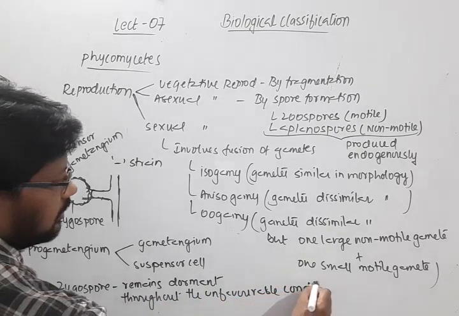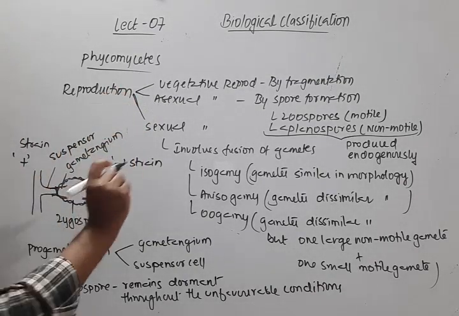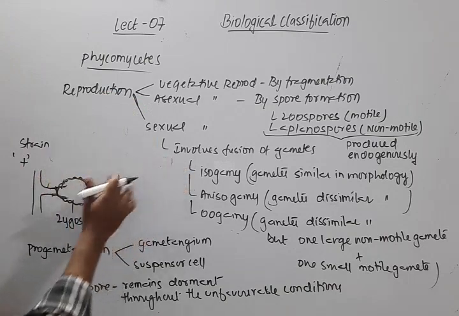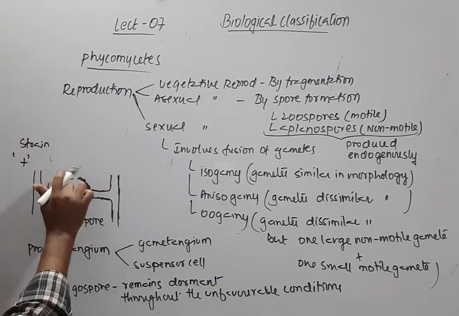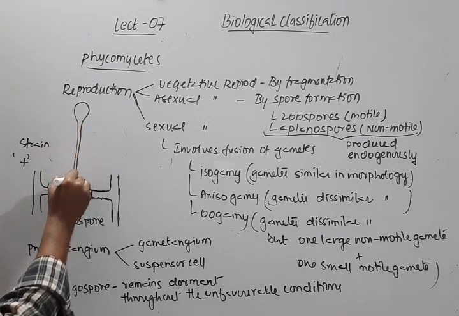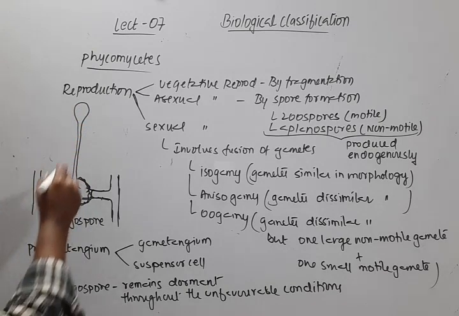So it remains dormant throughout the unfavorable conditions, and once the conditions are favorable, the wall of this zygospore breaks up and it produces a vertical hypha.